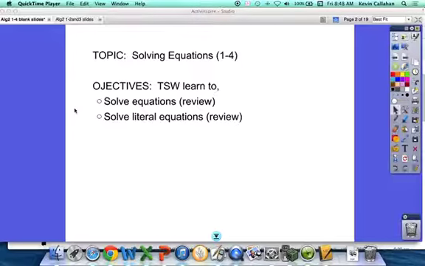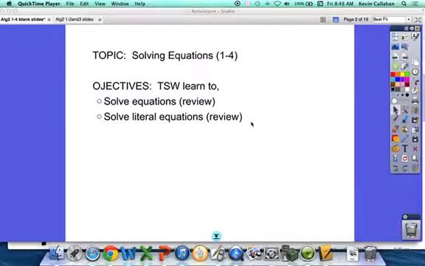But we're going to solve some basic equations, and we're going to solve what's called a literal equation. A literal equation means an equation that has more than one variable. How do you solve an equation like, is anybody in chemistry or taking chemistry?